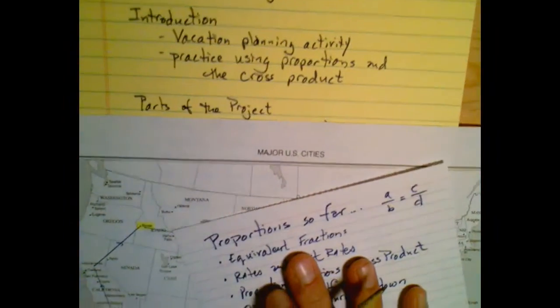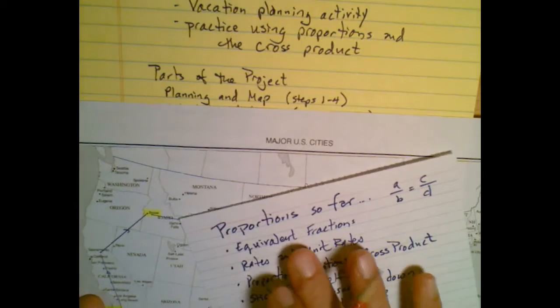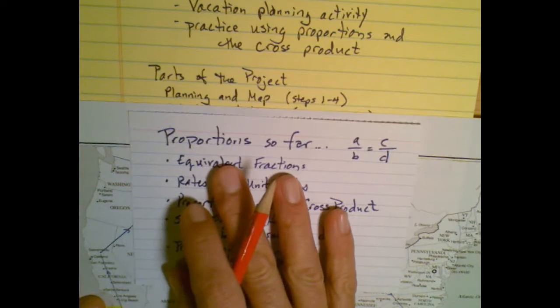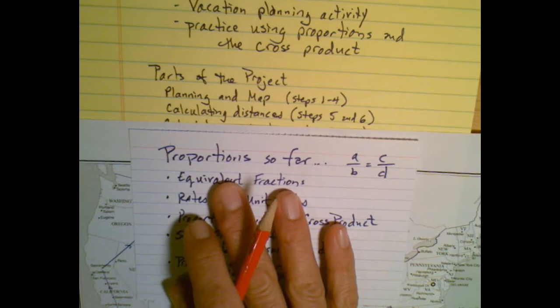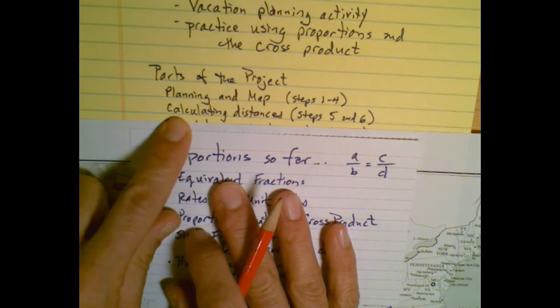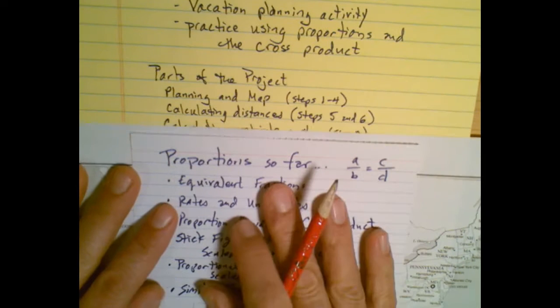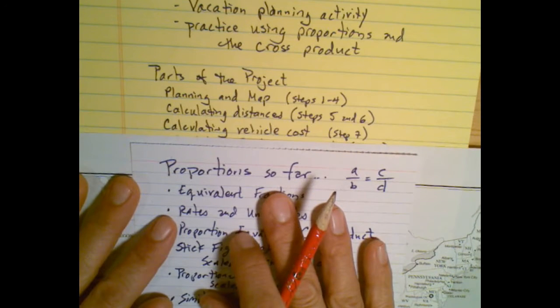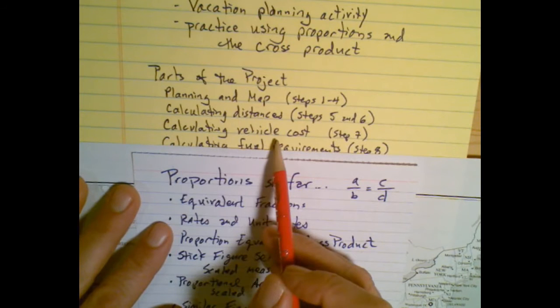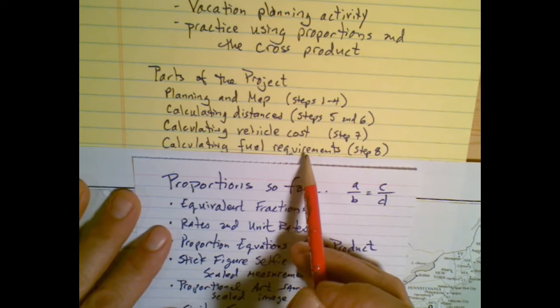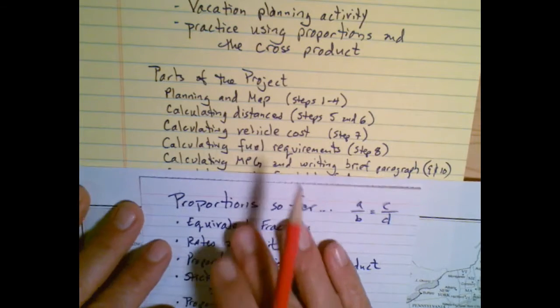And the parts of the project are, there's a part where you're planning your trip and mapping it out, where you're finding the distances between different cities, and this is kind of one day's work. There's going to be another day devoted to calculating vehicle costs as well as the fuel requirements for taking your trip.